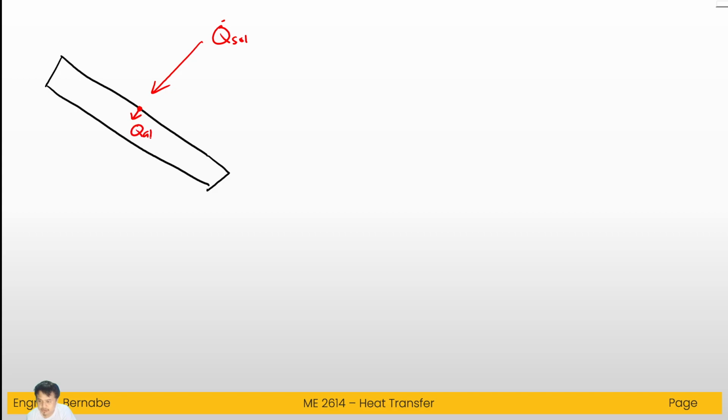So Q abs within this node, and then the heat absorbed will be rejected through this cooling water, or actually we want to heat the water in this case. So we have the entering temperature and also the exiting temperature.